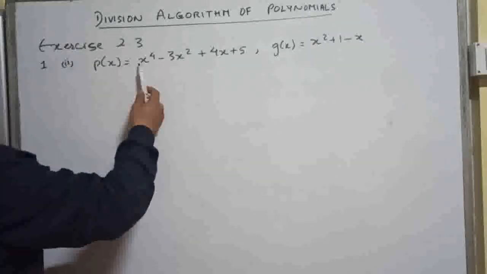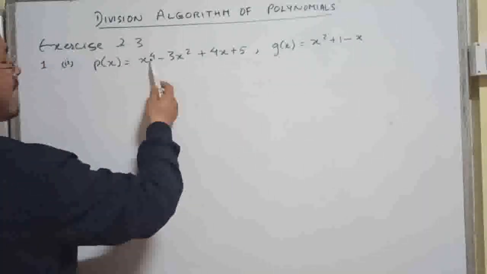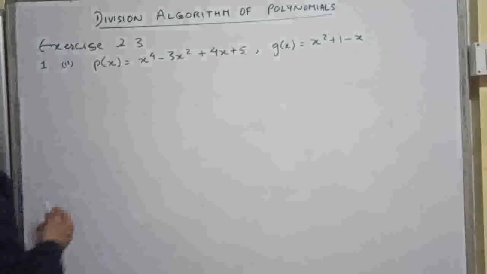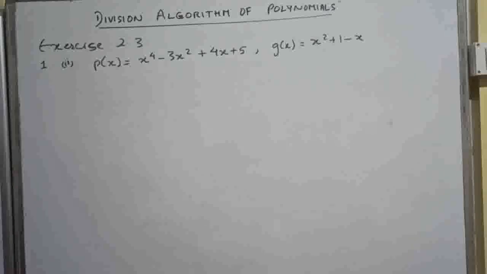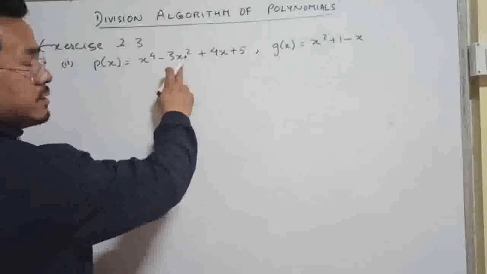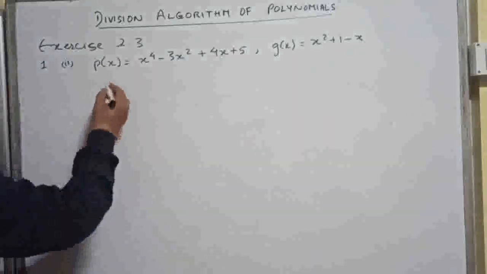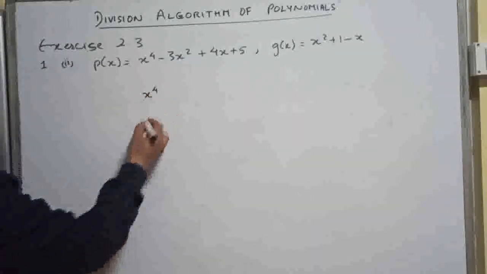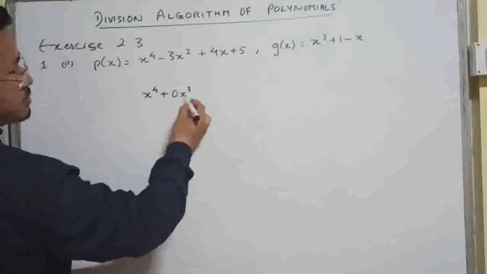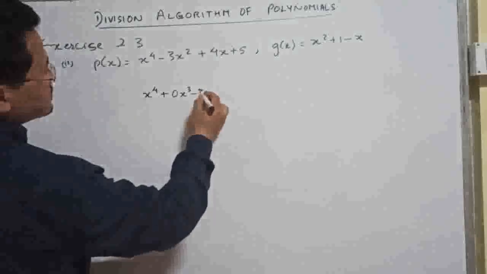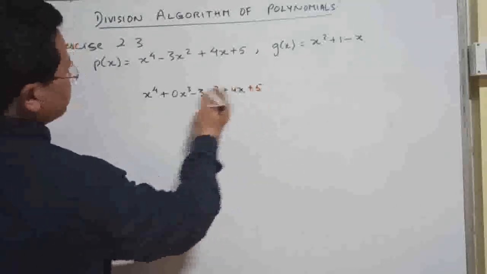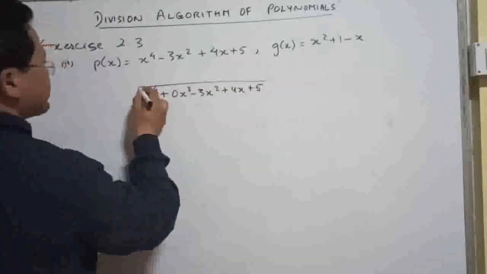But here we are missing one of the powers, that is x to the power 3 is not there. So we will just put x cube in between x power 4 and x square. So x power 4 plus 0 x cube, because x cube is not there, minus 3x square plus 4x plus 5. This will be inside.